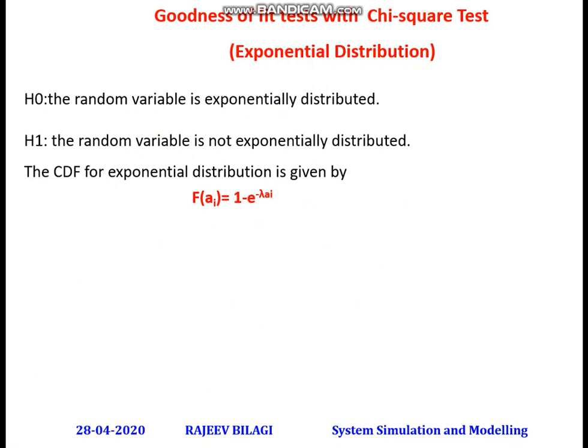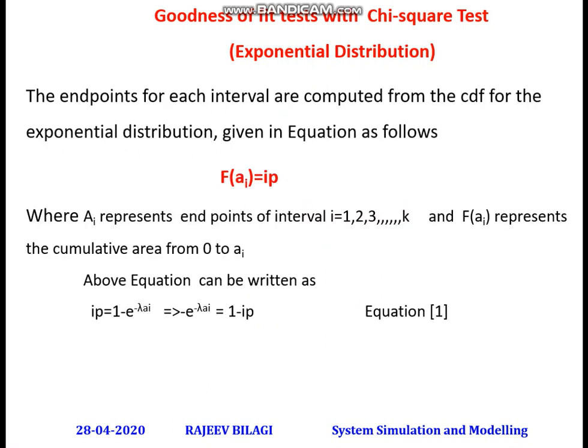minus lambda a_i. Now in the previous method we used to select 0 as the minimum limit for that particular class interval. For example, in the given list, if 0 is the minimum number, then we used to select 0 to 10, 11 to 20, like this.